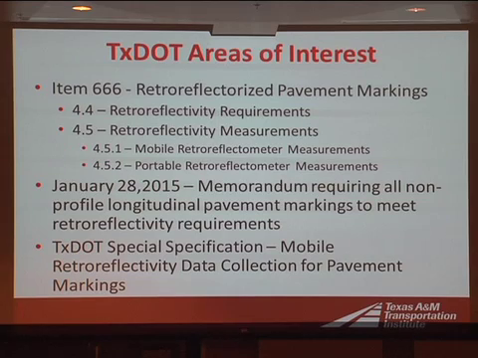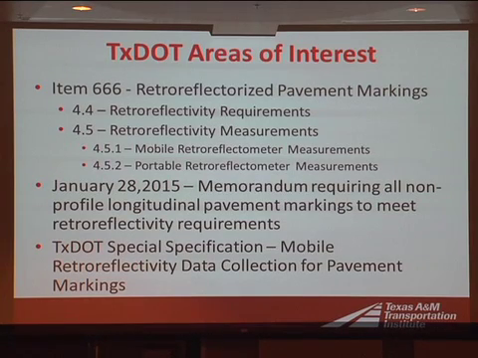Area 4.5.2 talks about the portable retroreflectometers and how they're supposed to be used, and it says that for every mile of the project, 20 handheld pavement marking retroreflectivity readings need to be taken along the length of that project. So obviously on your higher volume roadways, if you have smaller projects, getting out there with a handheld retroreflectometer may not be the easiest thing in the world to do. So even on some of the smaller projects, the mobile retroreflectometers may be used.